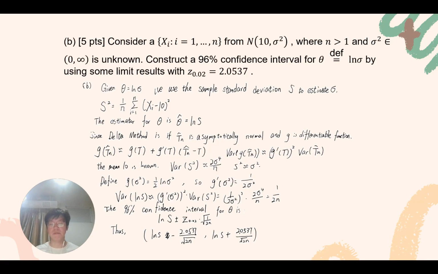We already know the mean of the normal distribution is 10, so we can get the variance of log S is 1 over 2n. So finally, the 96% confidence interval of theta is log S plus or minus z of 0.02 times the root of 1/2n. So we can get the interval.